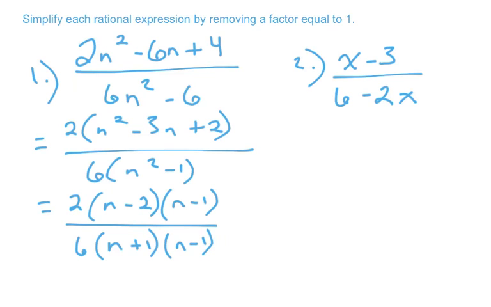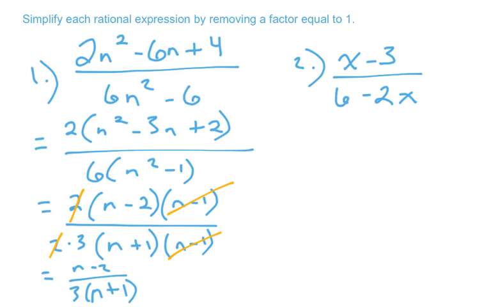Well, we see that they both have an n minus 1, so that'll cancel. And we can also rewrite this 6 as factors of 2 times 3, and we'll see that the 2's will cancel. Therefore, we're left with n minus 2 over 3 times n plus 1.